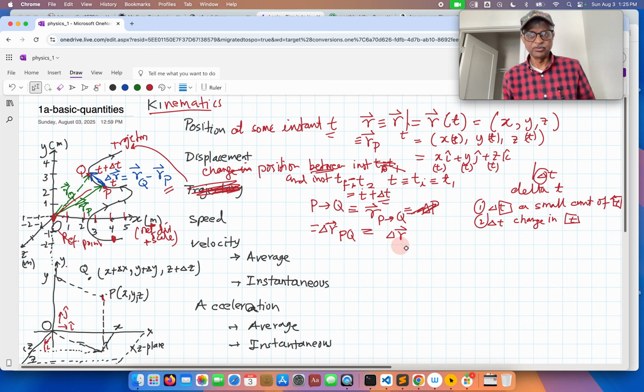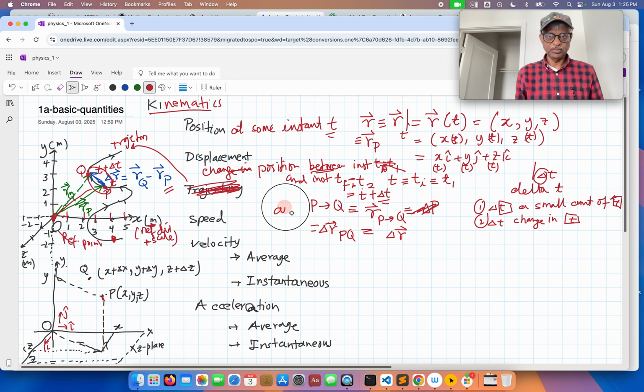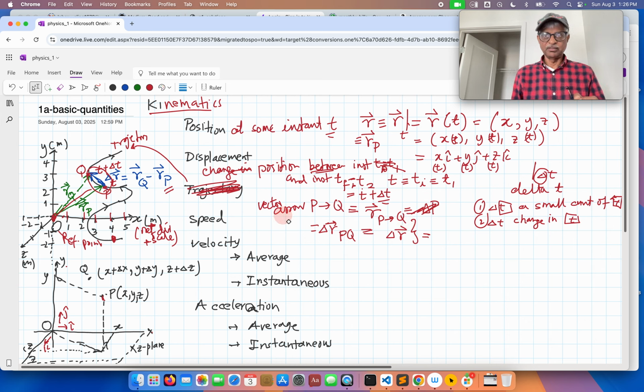So this represents this arrow, basically the vector arrow from P to Q, which also represents the displacement, and there are all these other ways. Now these are all kind of abstract, pictorial, not very useful for making calculations, but very good for thinking and conceptualizing.